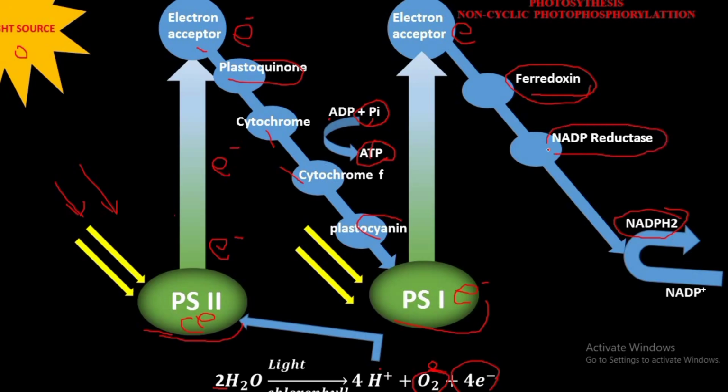This is an enzyme that combines hydrogen ions with NADP, resulting in formation of NADPH. NADPH is the reducing agent that is needed to reduce carbon dioxide into glucose in the Calvin cycle.